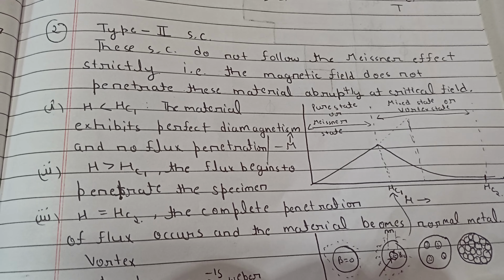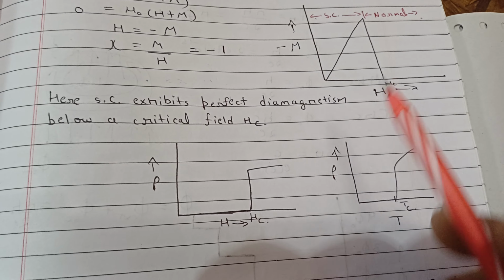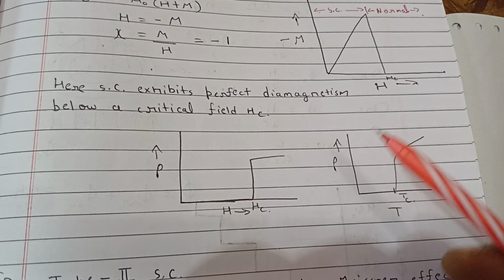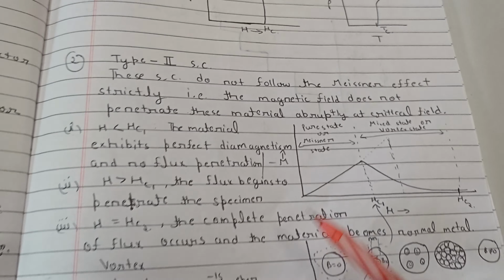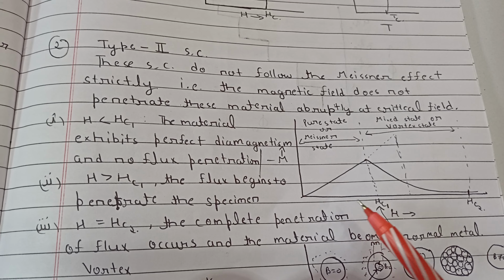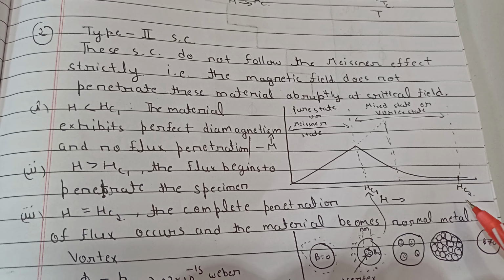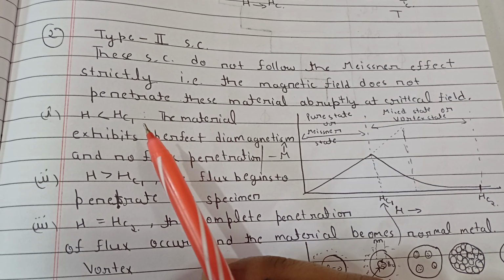We will study what vortices are. The field starts penetrating before HC and penetrates gradually. So there are two critical fields here, HC1 and HC2.